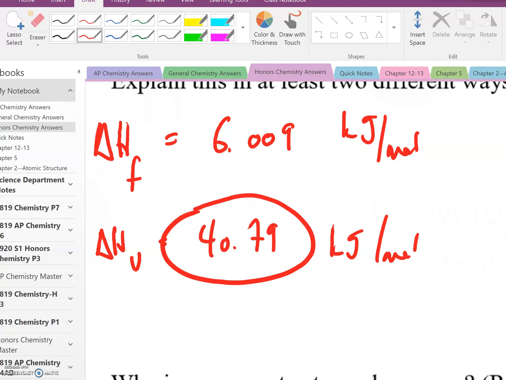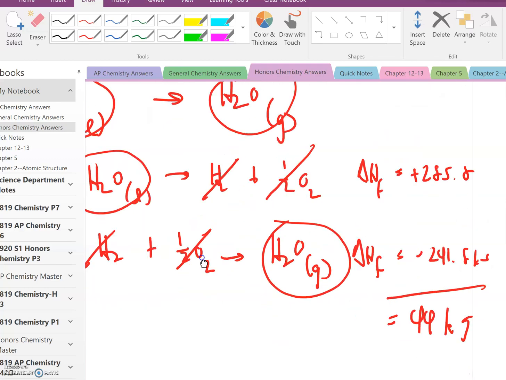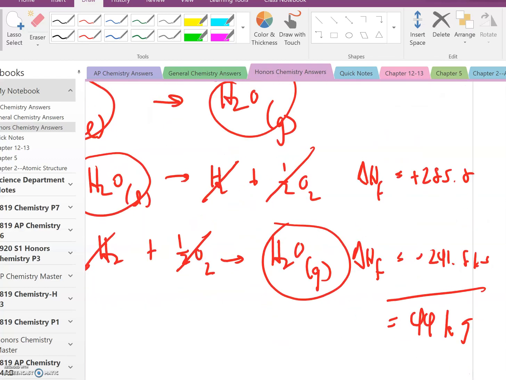The numbers are a little different, but that's because we're getting these values from two different tables. I wouldn't worry about it. So you already knew this answer. You already knew that it took a little over 40 kilojoules to vaporize a mole of water. Yeah, well, you just found it. This guy right here. Mystery solved. All right, see you later.